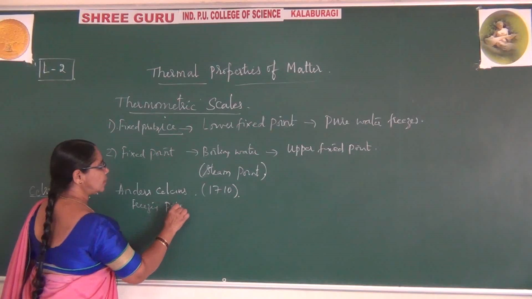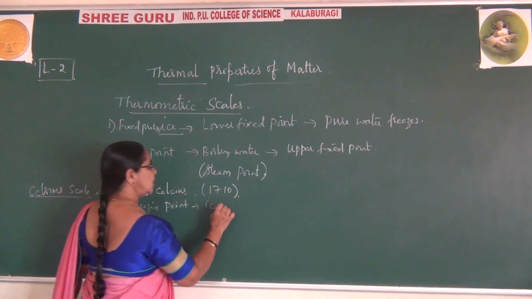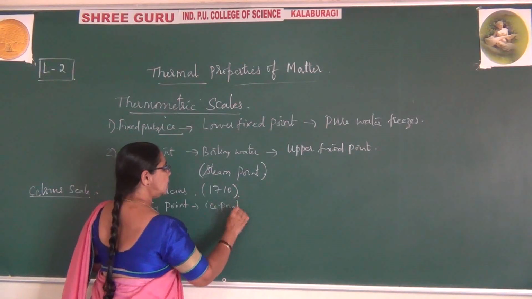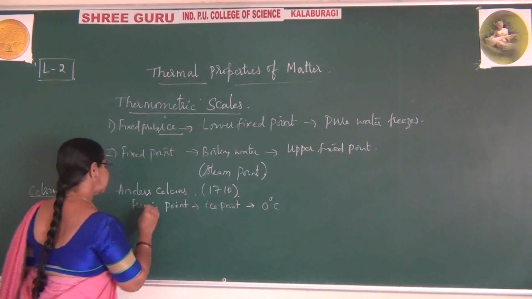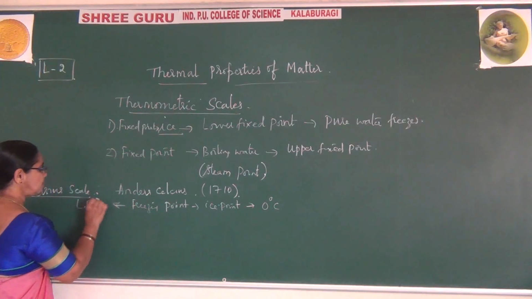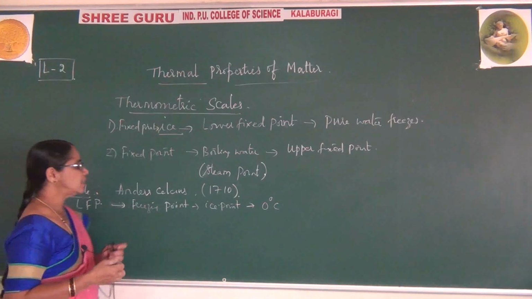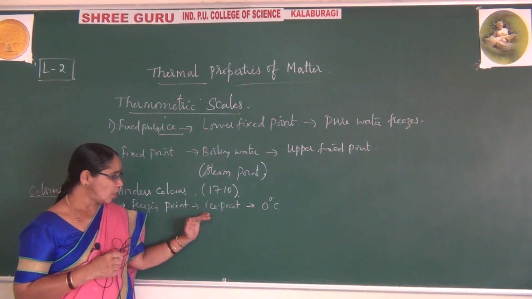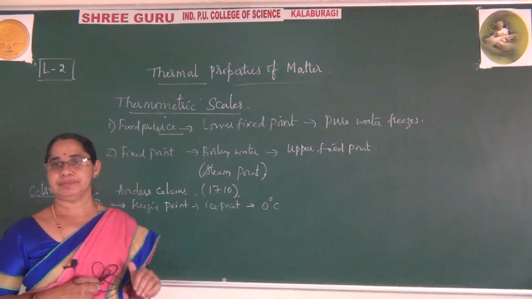This is called the ice point, and this is 0 degrees centigrade. Also we call it the lower fixed point, the freezing point, or the ice point. He has taken that reference point as 0 degrees.